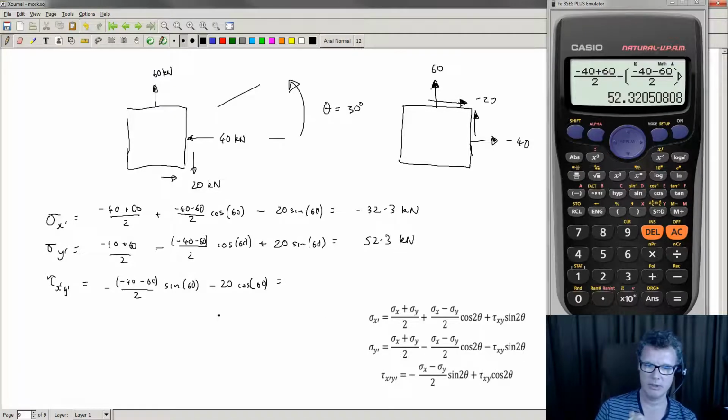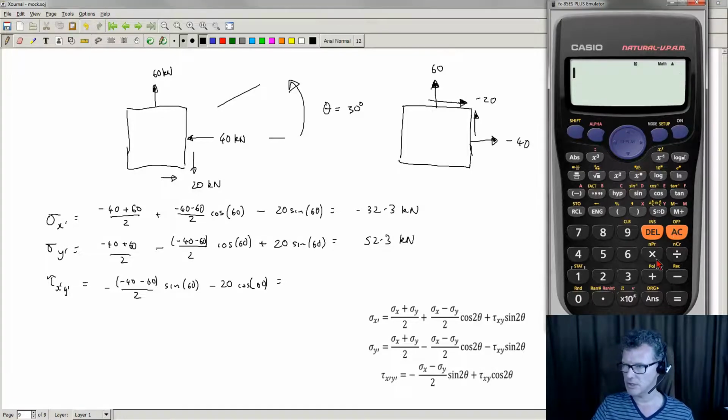That sounds about right. So what we're going to get for the final one, for this we start a fresh calculation. So minus 40, take away 60. Notice I'm being lazy, letting my calculator do all the work. Sine 60, take away 20 times cos 60.